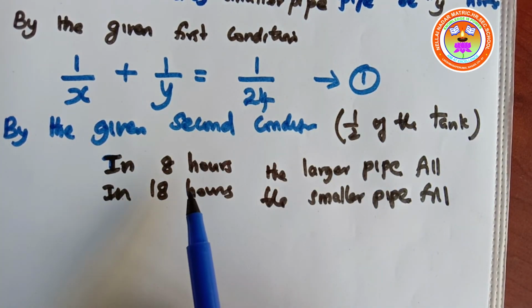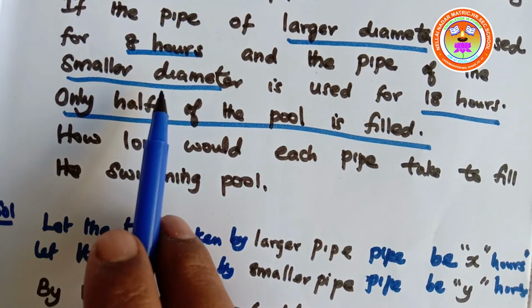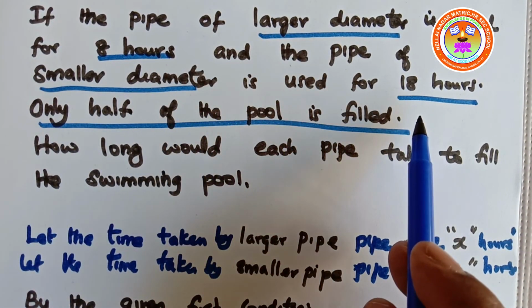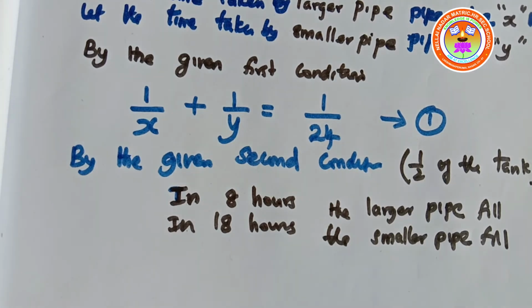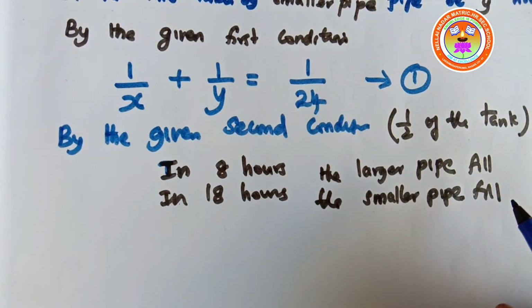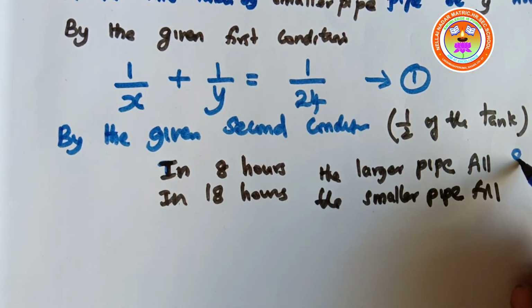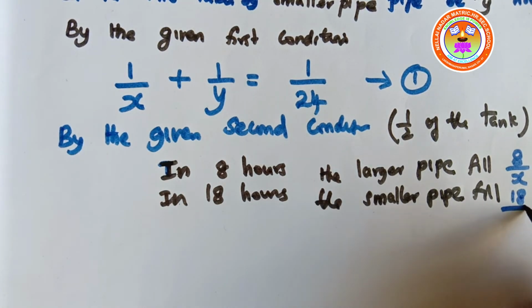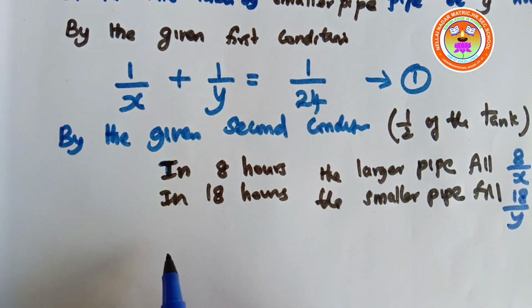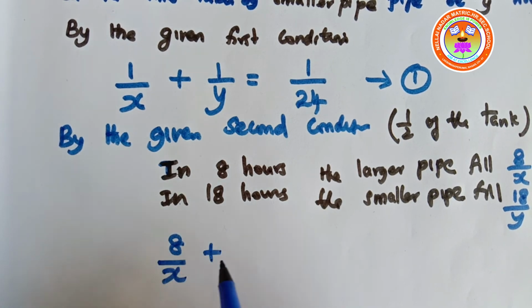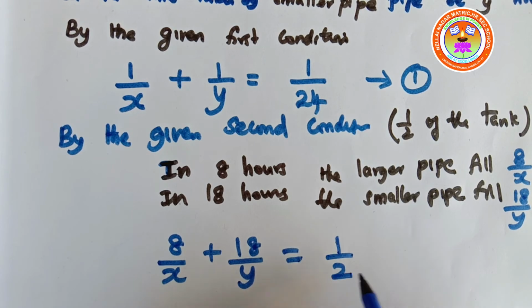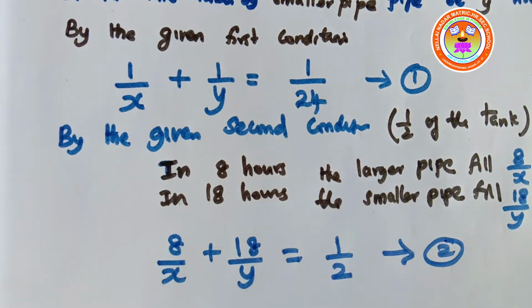So in 8 hours the larger pipe will be 8 by x, in 18 hours the smaller pipe will be 18 by y. According to the condition, larger pipe plus smaller pipe is equal to half of the tank. You consider this as equation number 2.